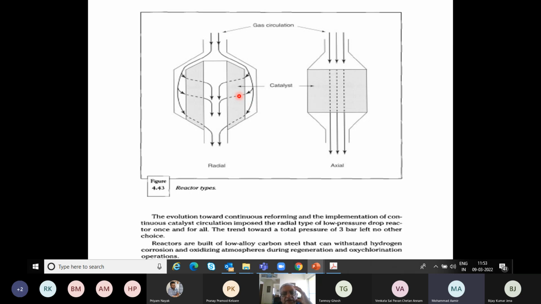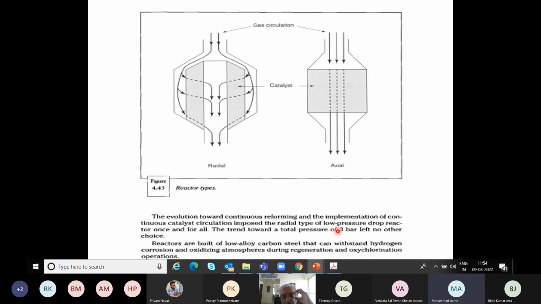This way, the reactor volume does go up, because there is a little bit of empty volume that you have to afford for the gases to get distributed through the screen, and then the area of the center pipe. But then we get much less pressure drop for the same amount of catalyst. So this has remained since then, and the same configuration is used in the regenerator also.